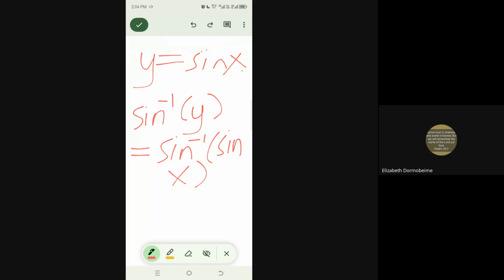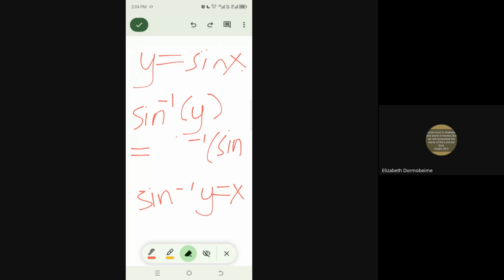Yes, madam. Remember that if you have a function and its inverse, it will give you only the x. So sine inverse of y will be equal to x.